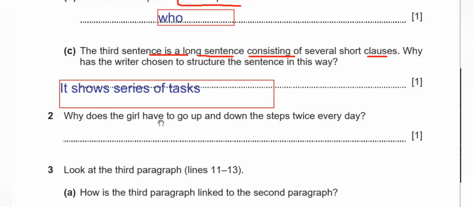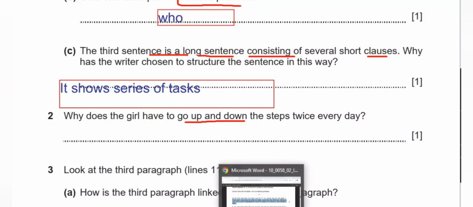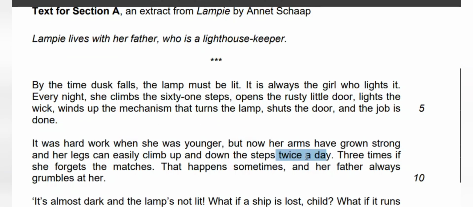So why does the girl have to go up and down the steps twice every day? Did she climb twice a day? Because she has to light the lamp in the evening and has to put it out in the morning. That's why she climbed twice a day.